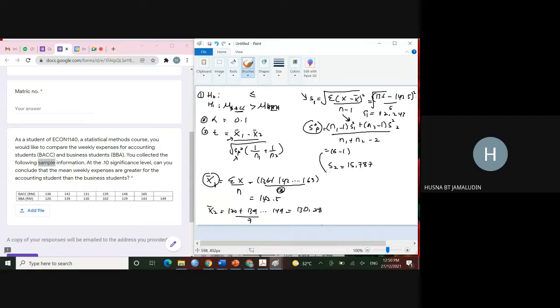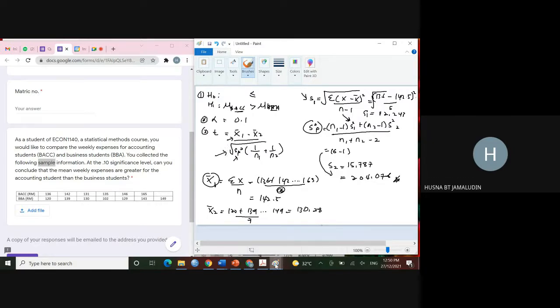Because I didn't put it in a separate sheet, it's becoming messy, right? I'm sorry for that. So the pooled variance, you should get the value of 204.076.